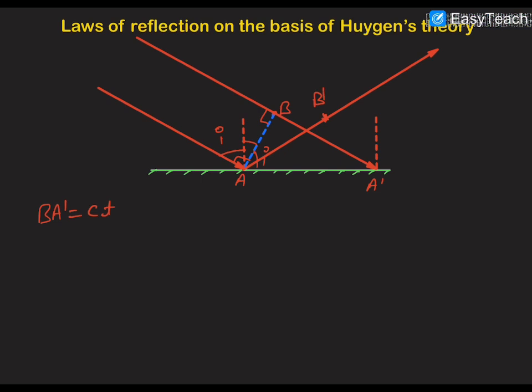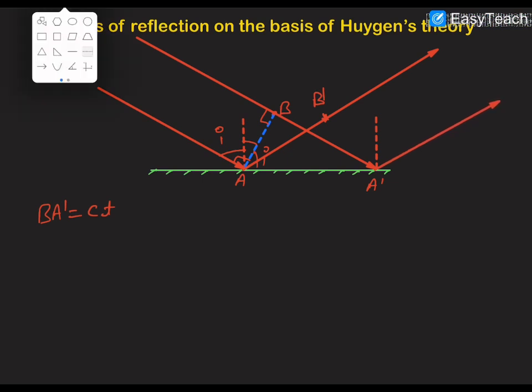And therefore I can say that if this ray reaches A, at the same time this would reach B, and in the t time afterwards this ray will reach from B to A dash, and after t time this ray will be reflected and it would reach from A to B dash. So I'll again draw this reflected ray like this, and this will be the wavefront which is reflected. This will be the reflected wavefront.